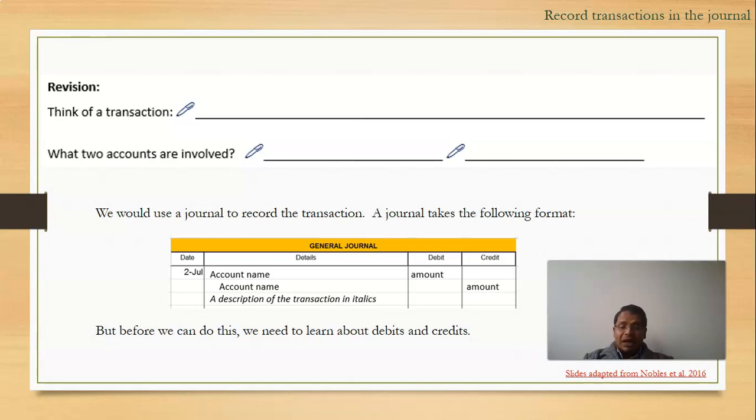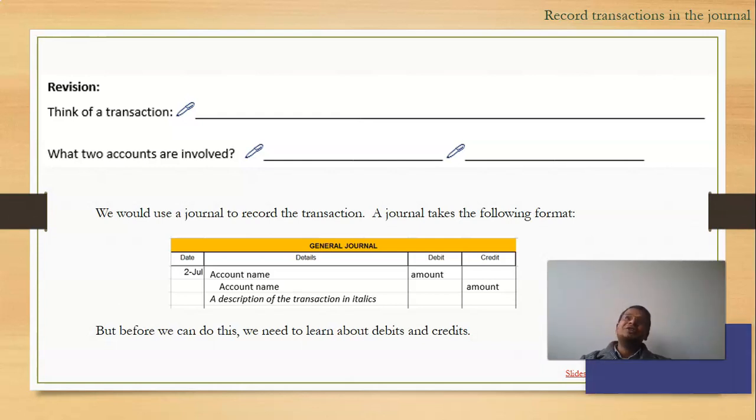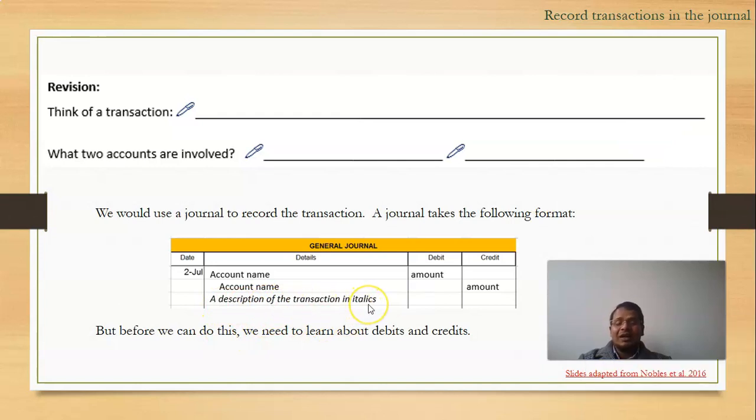An accountant is here now, but he may not be here after a certain time, next year or five years after. So if auditors come and we need to check why we recorded this transaction in the books of accounts, anyone should be able to understand the reason for it. So you have to record it: we purchased something for cash, that's why we recorded it; we purchased on account, that's why we recorded it.